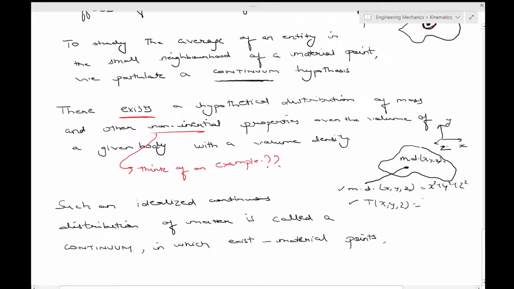We have seen what a material point is. You have to have material curves, material surfaces, material volume elements.